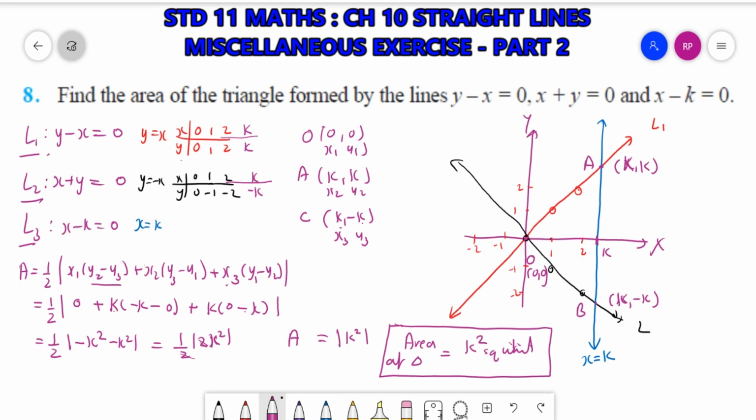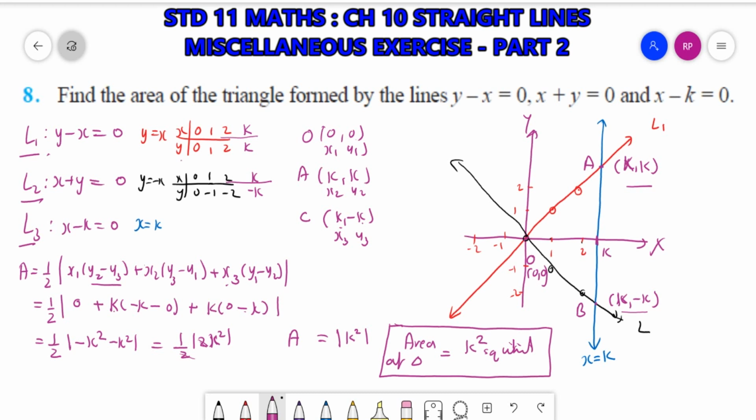Then we found the point of intersection of all these three lines: O (0, 0), that is the origin, A (k, k), that is x1, y1, and B (k, minus k), that is x2, y2.